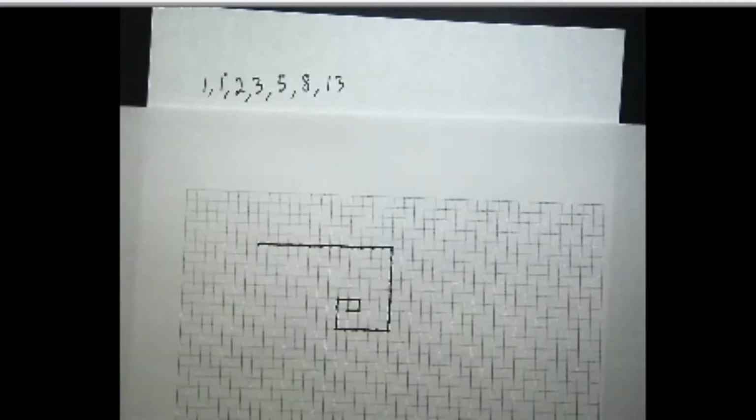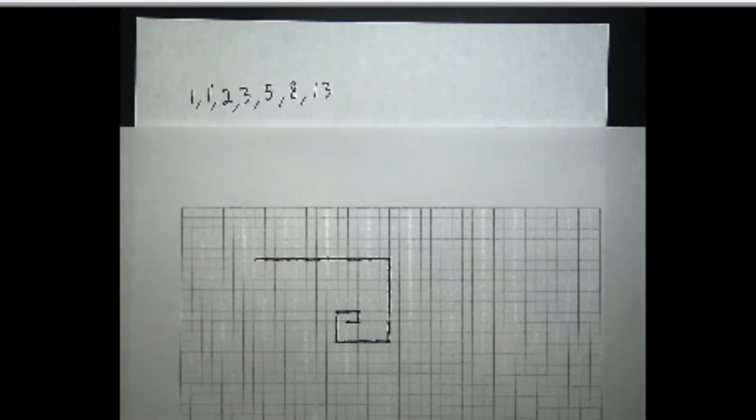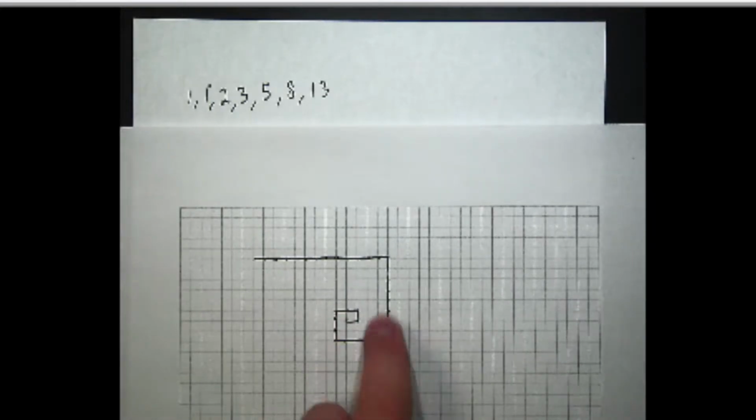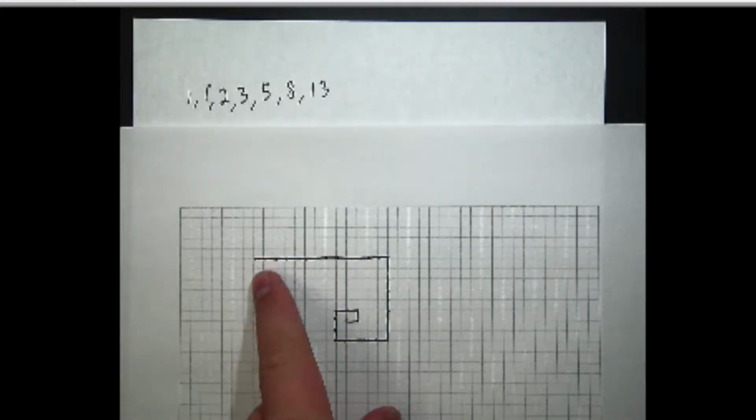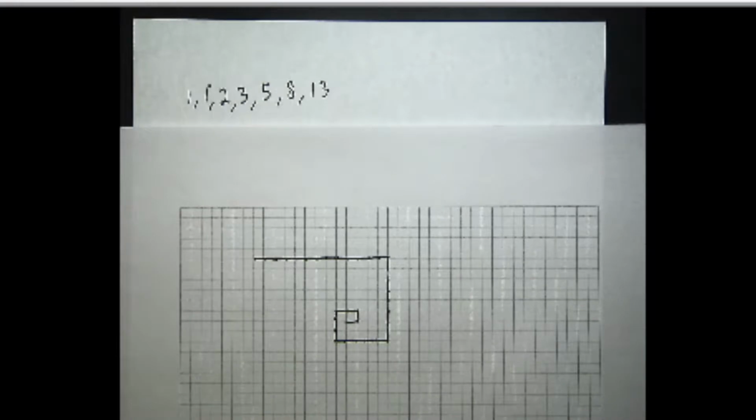So by mapping out those values of the Fibonacci sequence like that, we can see the spiral start to emerge. So again, golden ratio is one of those very interesting patterns that you see in nature, and we understand it through mathematics.